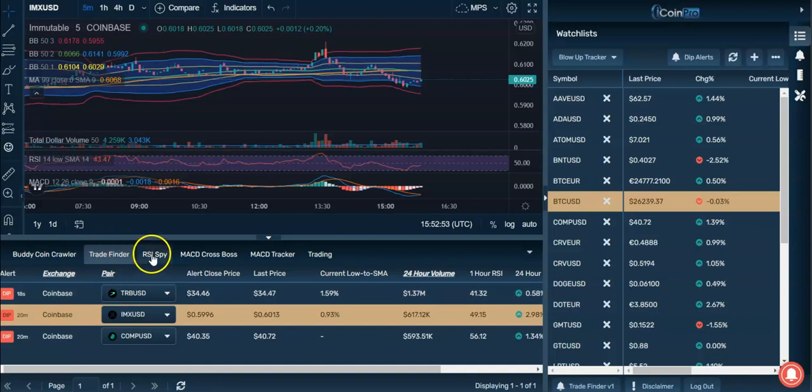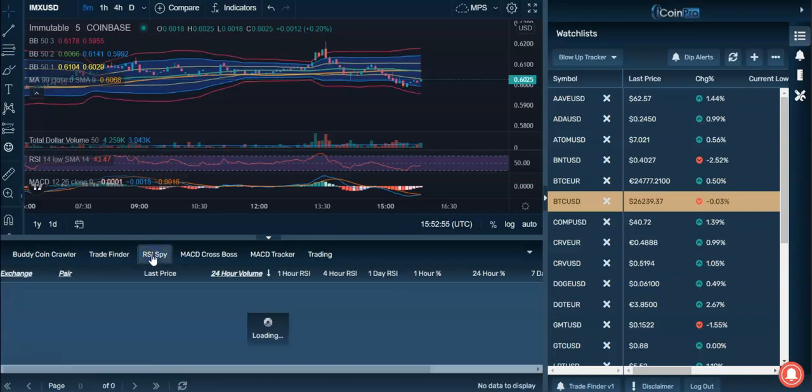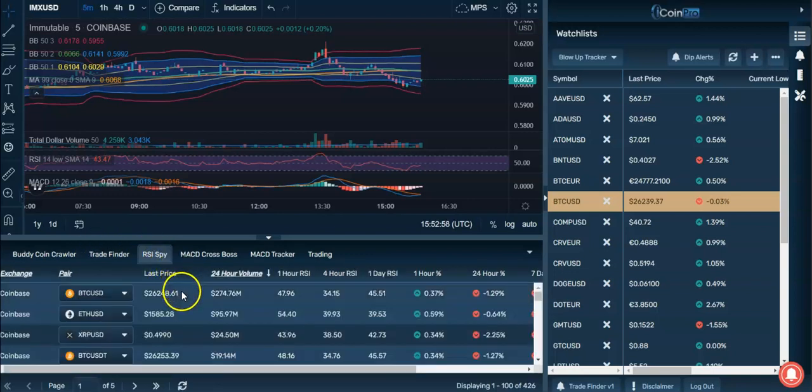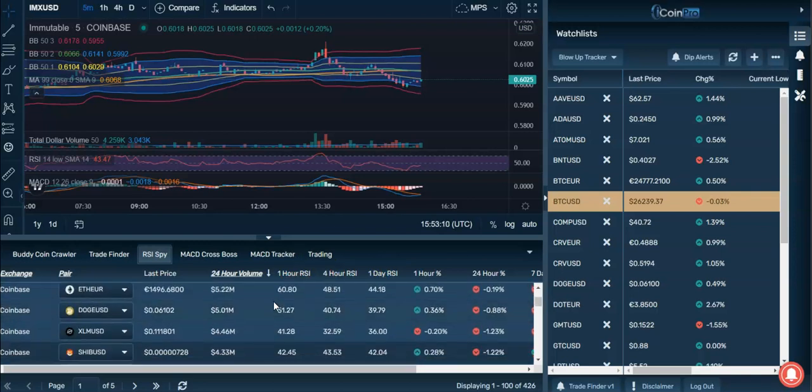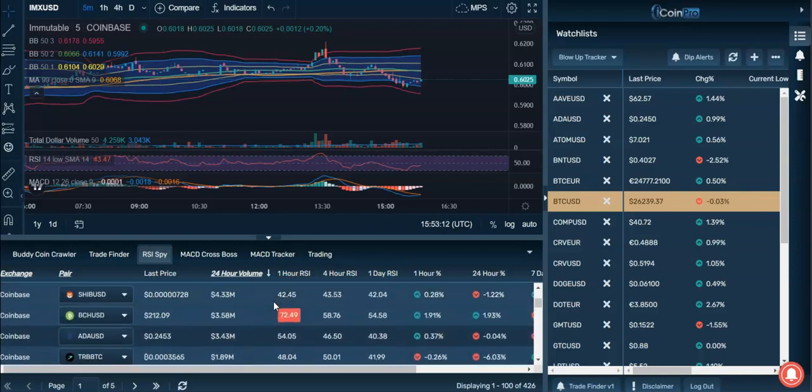So now there's RSI Spy, which I really like to use. This is cool because you can see the RSI right here for the 1 day, 4 hour, 1 hour. So what I like to do is scroll through here. BCH/USD is high on the 1 hour, right?